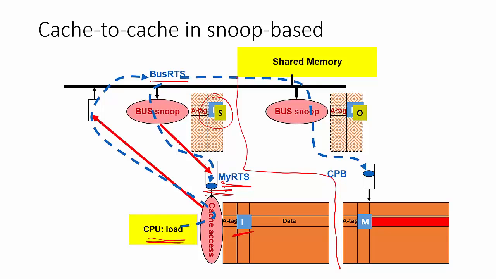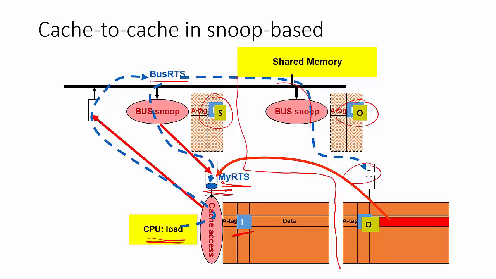Okay, the other core will snoop the transaction. It will change the obligation state to owned state. It will put the pill in the queue here, and eventually this cache will eat this pill and change to owned state, and then reply with the data over the bus, of course.